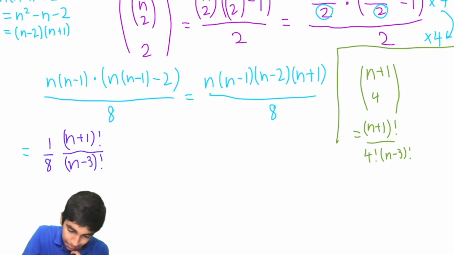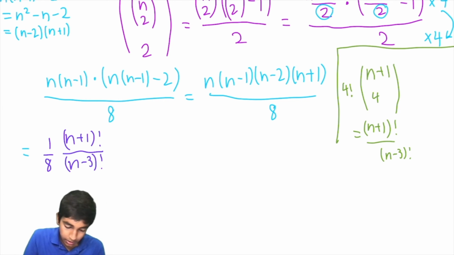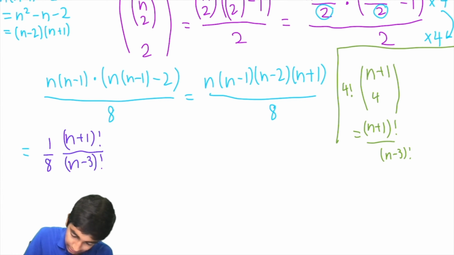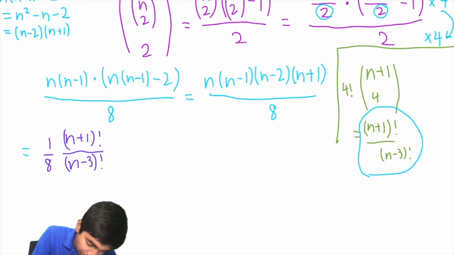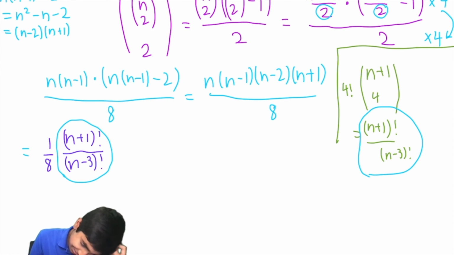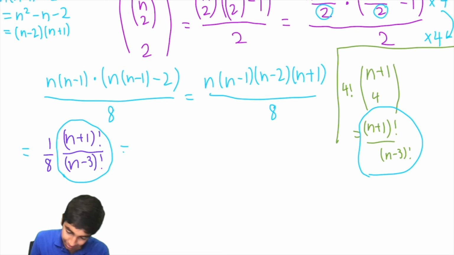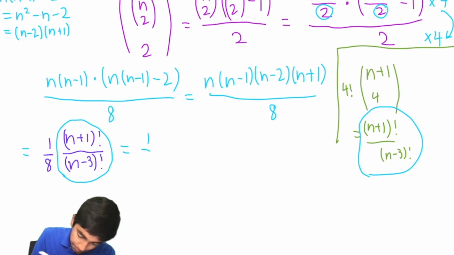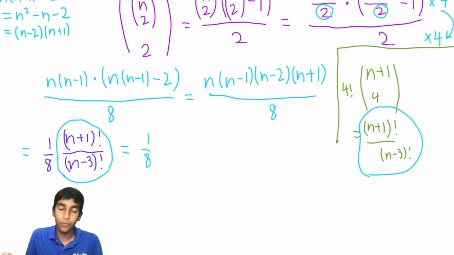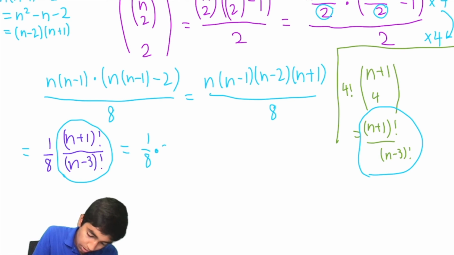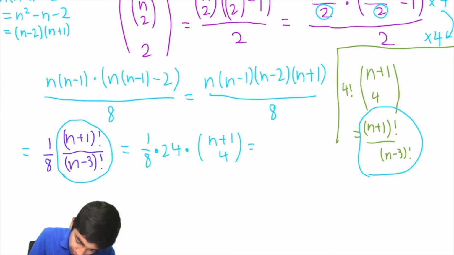Wow, that means that 24, or 4 factorial, times n plus 1 choose 4 equals the quantity we're looking for right here. That's interesting. That means this is nothing but 1/8 times 24 times n plus 1 choose 4, which is just equal to 3 times n plus 1 choose 4.